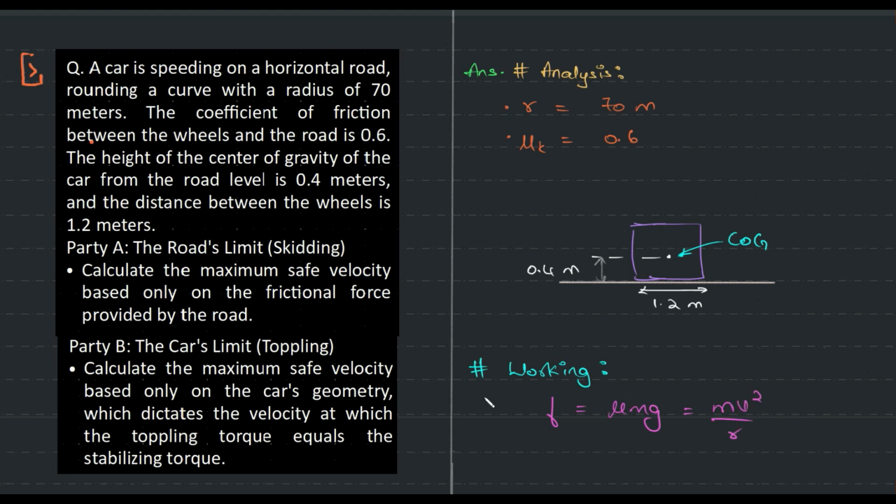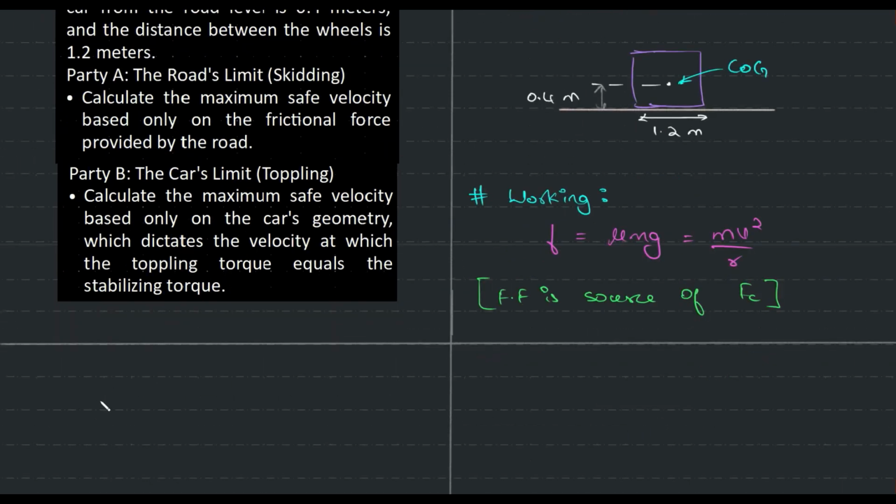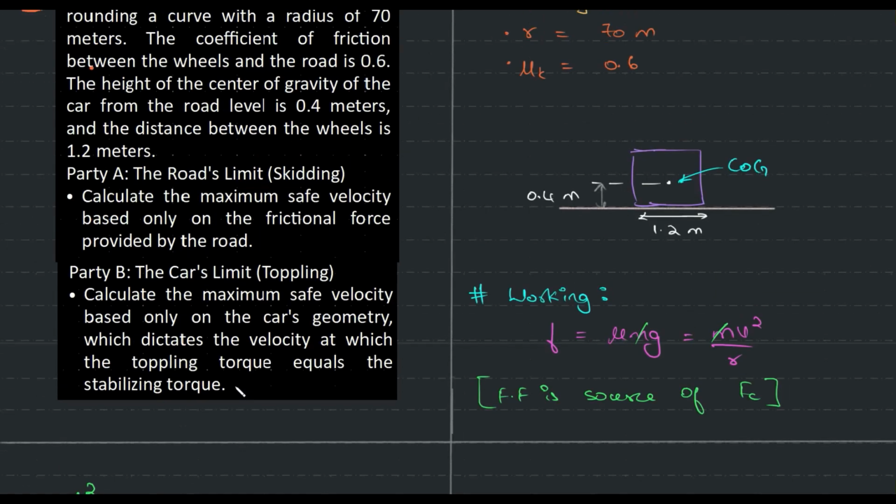So basically the source of Fc is the frictional force, and I'm able to equate this. We have to figure out v actually. For that, I can cancel this. I know it's a direct formula, I'm just used to this.